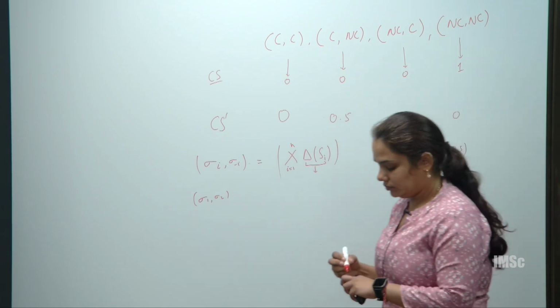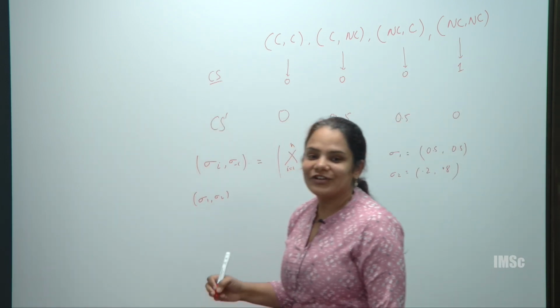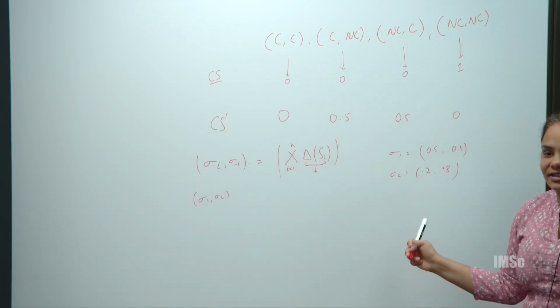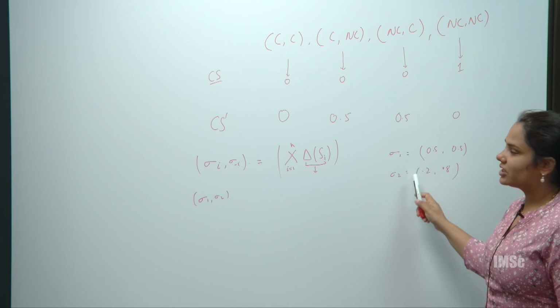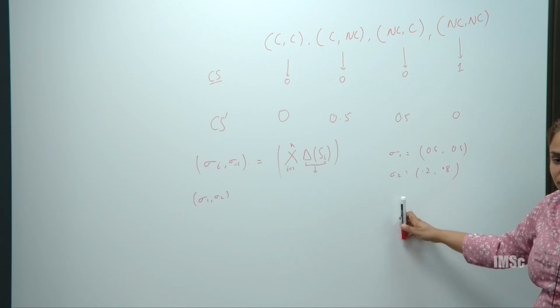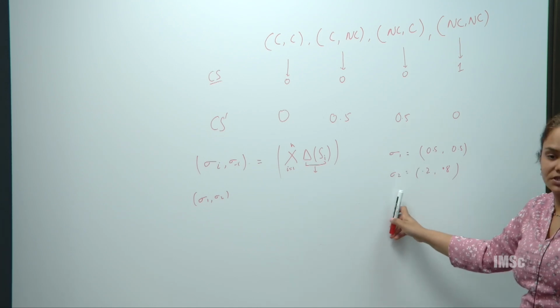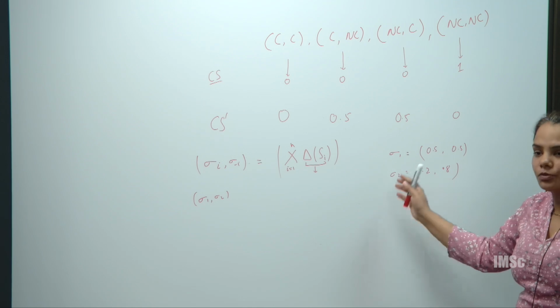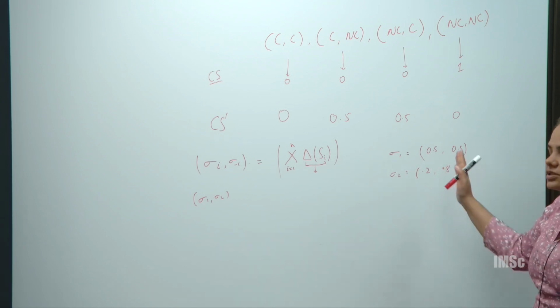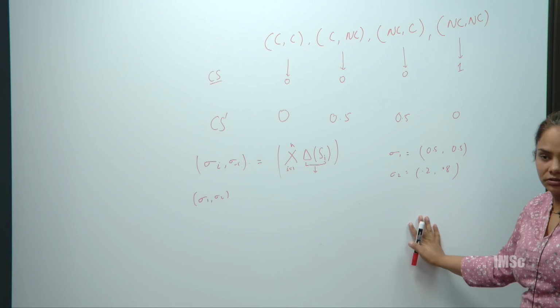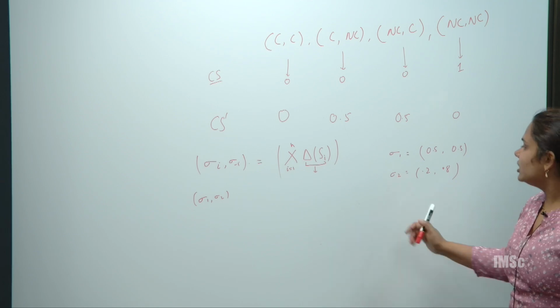But from here you can actually tell at least one thing. If I have this mixed strategy, then it corresponds to some correlated strategy. You just multiply the probabilities.